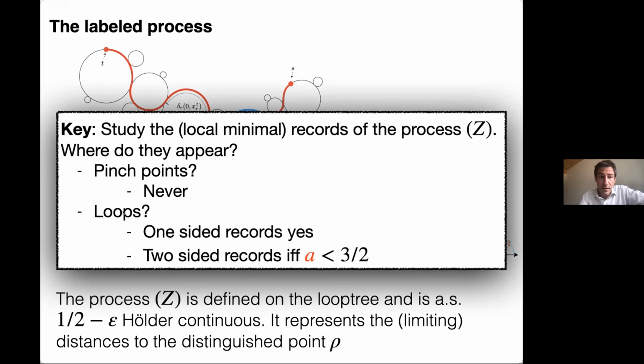You may have records which are two-sided records, two-sided meaning it's a record from the left and from the right, if and only if you are in the dense phase, α strictly less than 3/2. But you always have one-sided records on the loops, and this will give you the fact that the geodesics touch the faces in the whole regime.